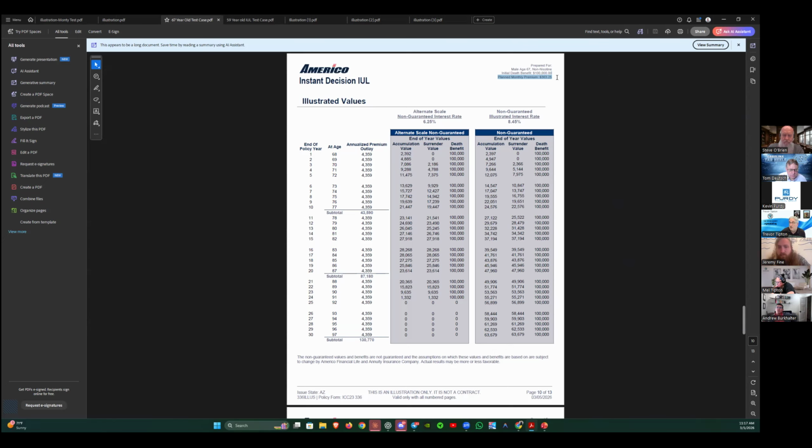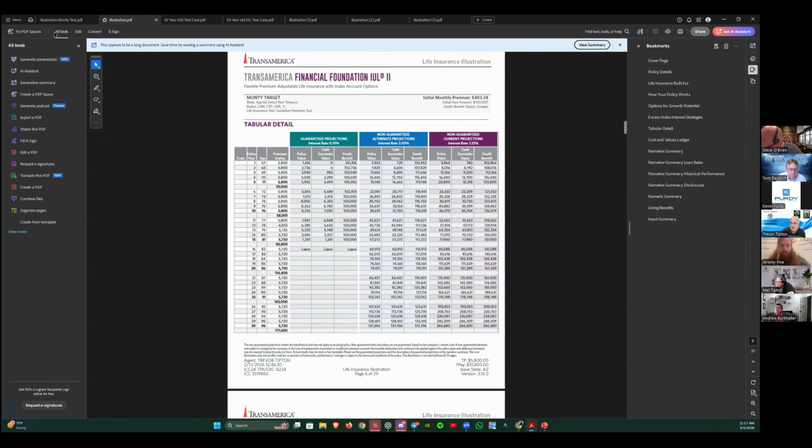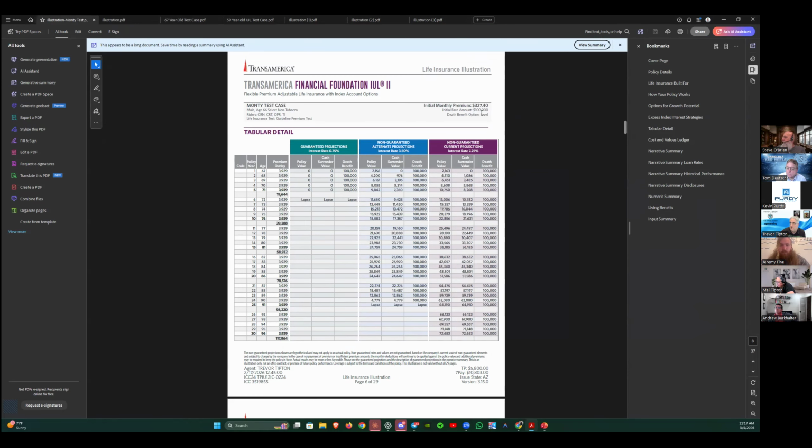Also, again, if you're worried about face now, I want you to look at that. That's $363. It's not that. Transamerica is only 327. Right. So as you're looking at it, I really want you to understand. And as they get older, remember the cost of insurance is higher.